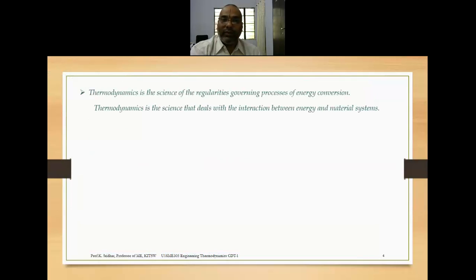Similarly, it is the science of the regularities governing processes of energy conversion, and it also deals with energy and material systems.